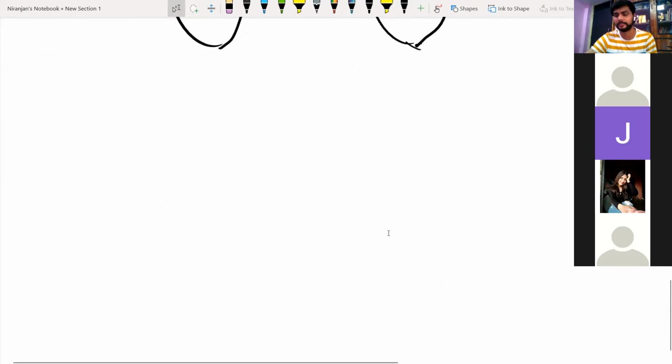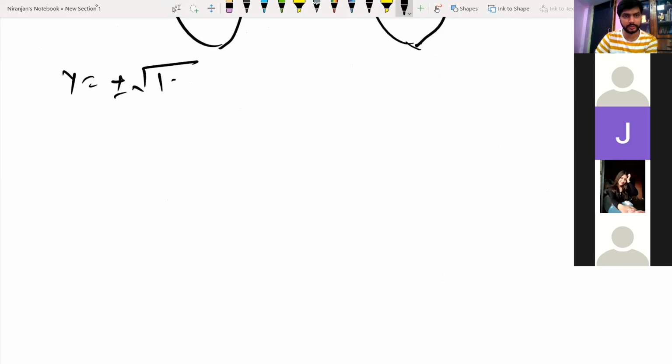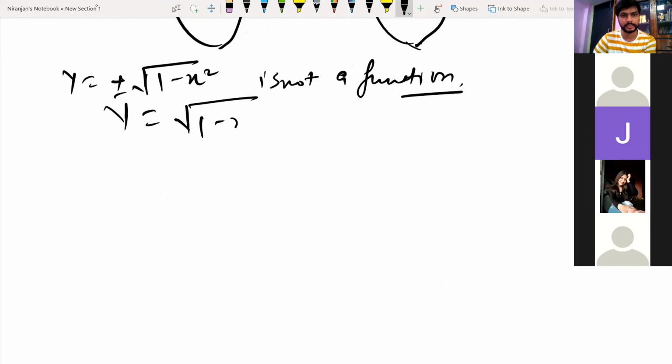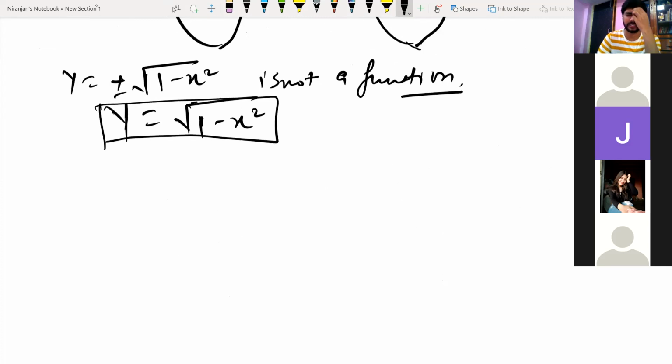You can check that. So y equal to plus minus under root of 1 minus x squared is not a function. If I say that y equal to root of 1 minus x squared is a function, then I'm pretty clear about this, because this is going to give you a unique relationship. y is always going to be positive, whatever x you choose.